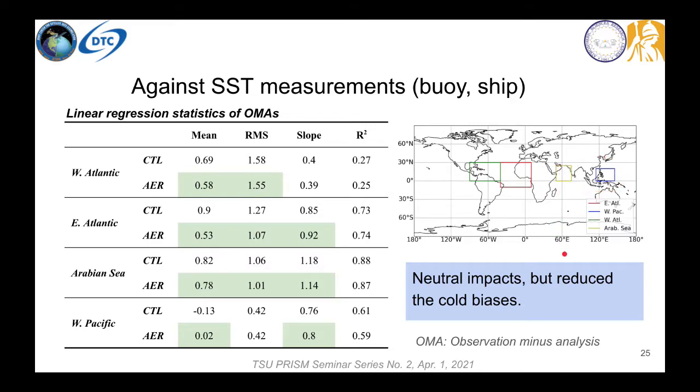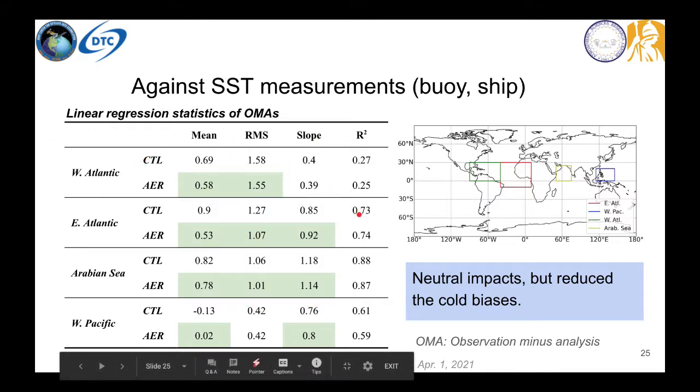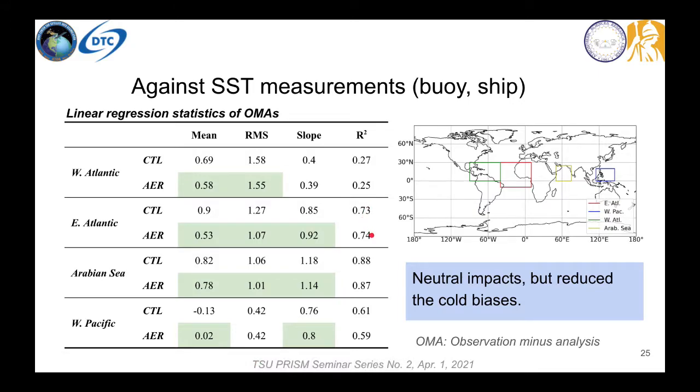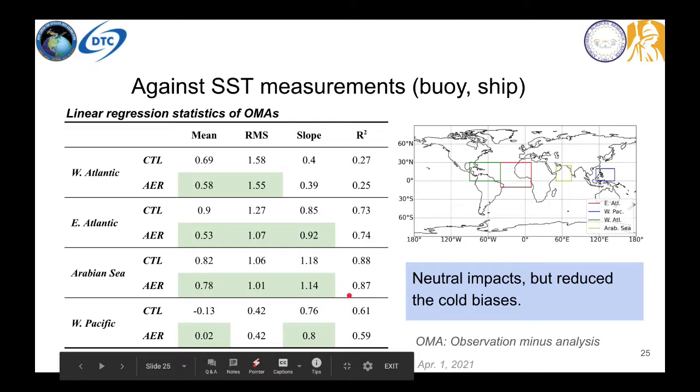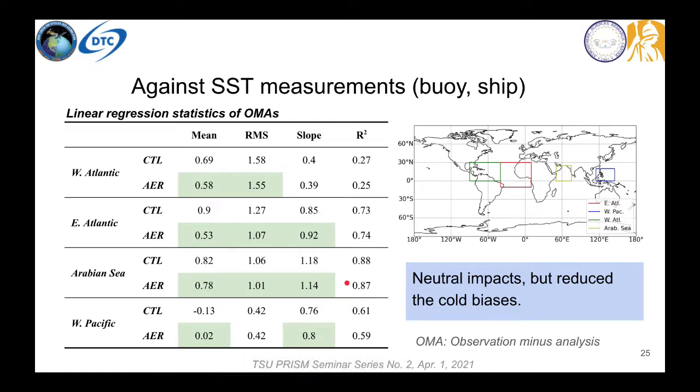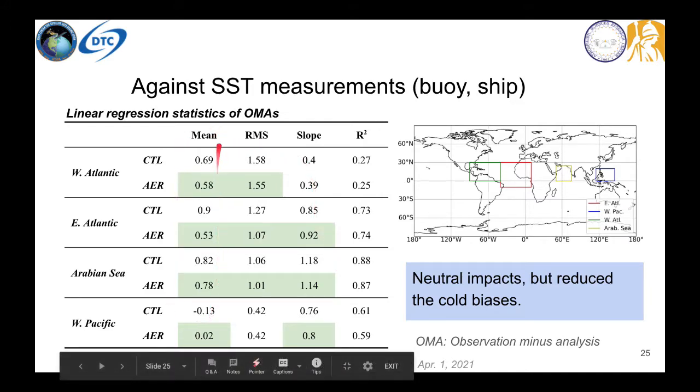So, as I show here, the histograms colored blue and red are the first guess departures before the bias correction in the control run and the aerosol run. As you can see here, we have slightly more positive first guess departures in the AER run.